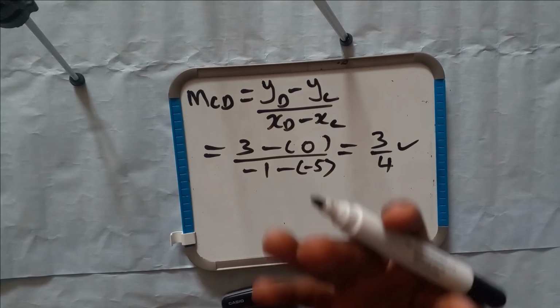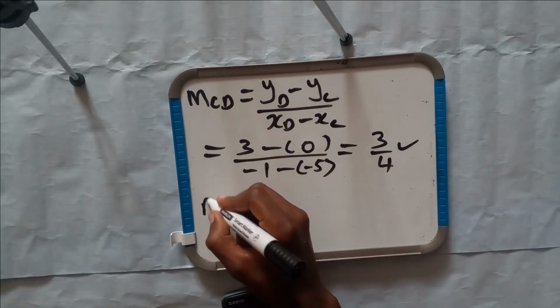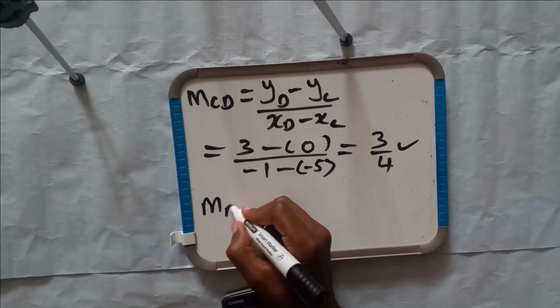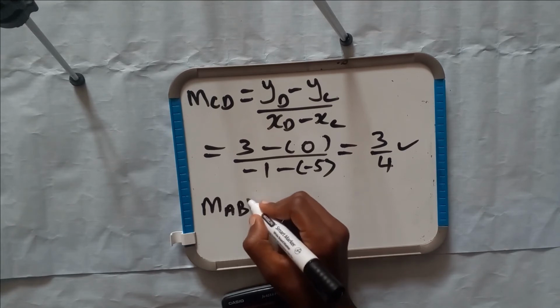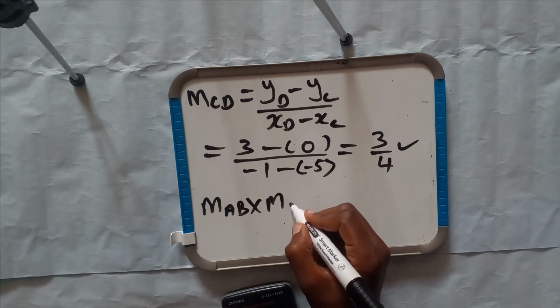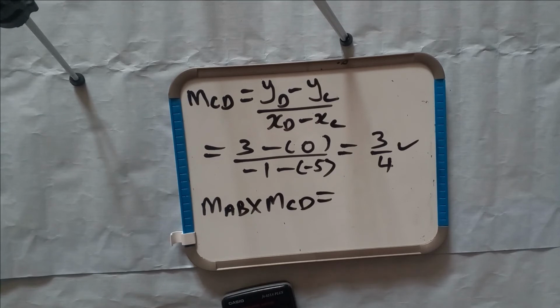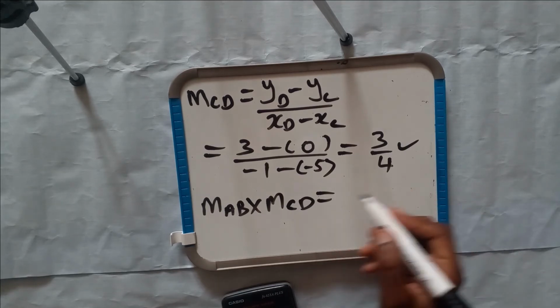Now, what we need to do is to multiply the gradient of AB times the gradient of CD. If these two gradients give us -1, therefore we can say AB is perpendicular to CD.